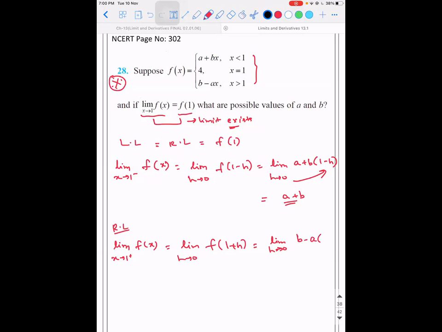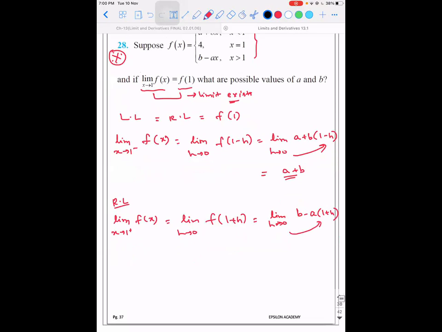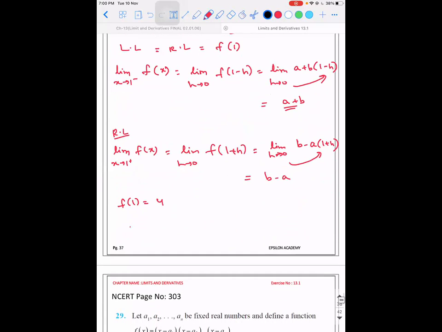So b minus a into, in the place of x, I will write 1 plus h. Substituting the limit, I'll get b minus a. Right? f of 1 is how much? 4, sir. So they have told left limit is equal to right limit. So a plus b is 4 and b minus a is also 4.